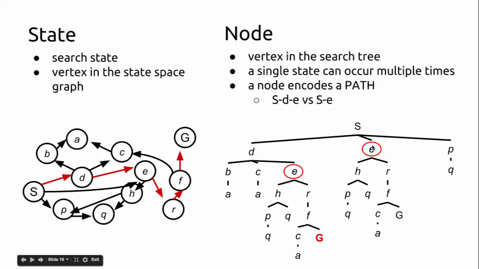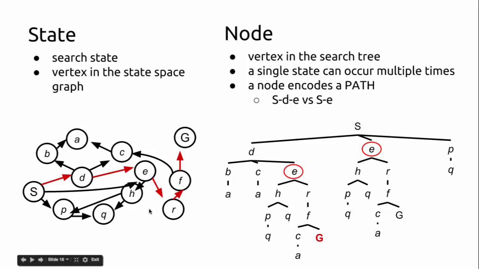Whereas the central E here is represented by the path just from S to E. Okay, so from this we can make the distinction that a node is going to encode an entire path, right? So the way that these two E's are different is because they encode different paths. So nodes encode paths, states are just search states.